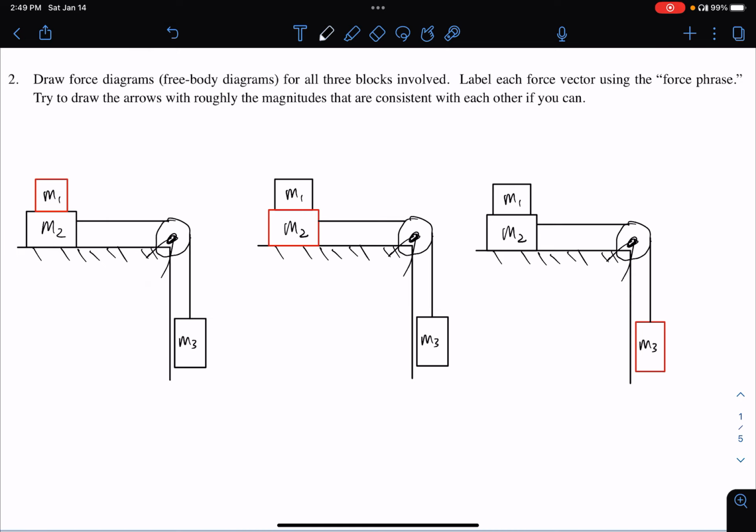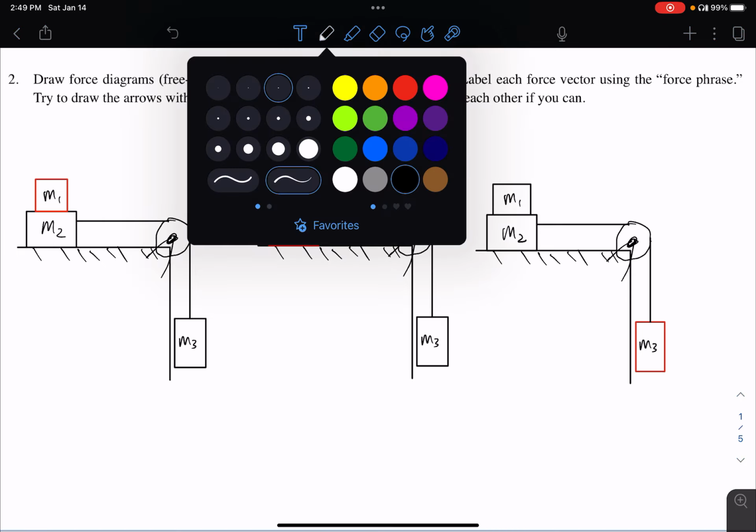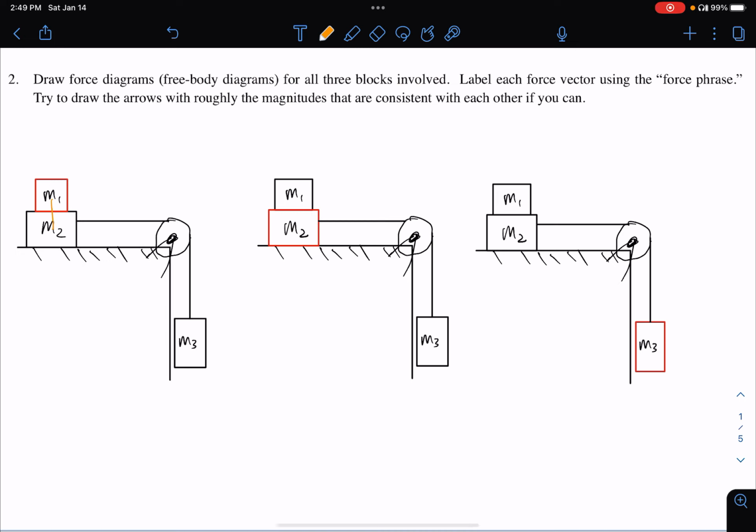First, because this system is on Earth, I'm going to have a gravity pulling the block M1 downward. This is on M1 by the Earth, because the Earth is the one giving gravity to this block. Then because the block is touching M2, M2 is going to give some force on M1.